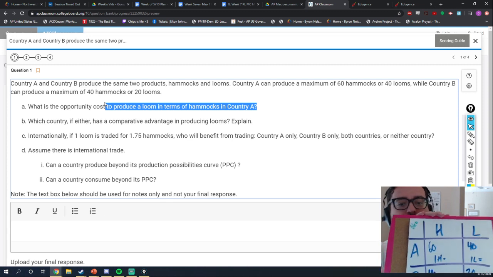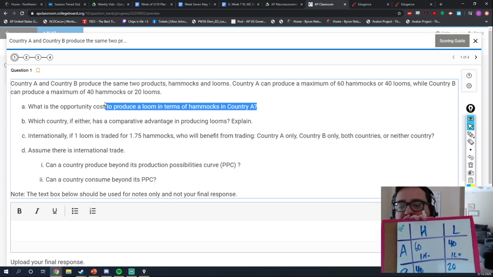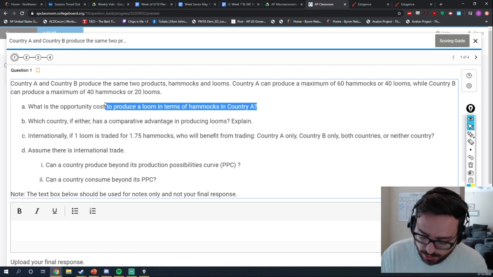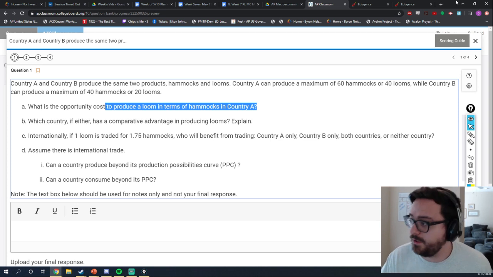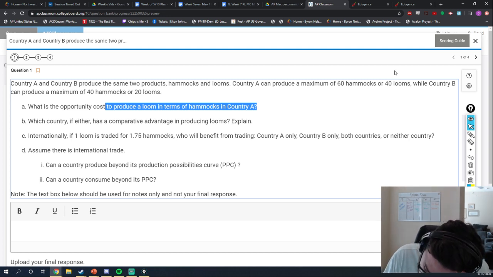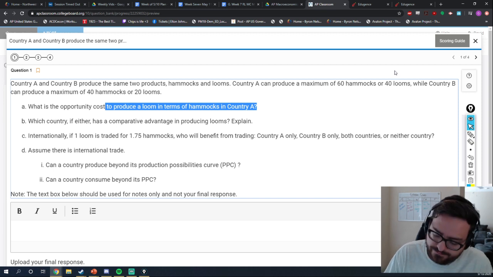Because this is an output problem, because the numbers that are given to me are the number of things being produced, the number of hammocks, the number of looms that are being made. So it's an output problem. I'm going to do other goes over. So to find the opportunity cost of 1 loom, I will take the other number, 60, and put it over the current number, 40. 60 over 40, which simplifies down to 6/4, which simplifies down again to 3/2 hammocks.